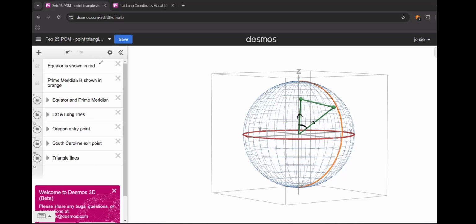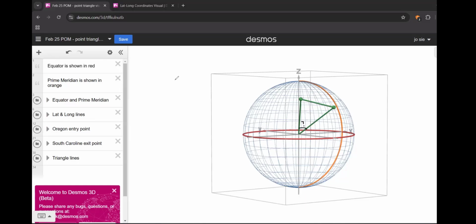If we think about the lines connecting to the center of the Earth and a straight line connecting the 2 points to each other, then we can see a triangle forms. If I want to know what this angle is, one way I can answer that question is by using the law of cosines.